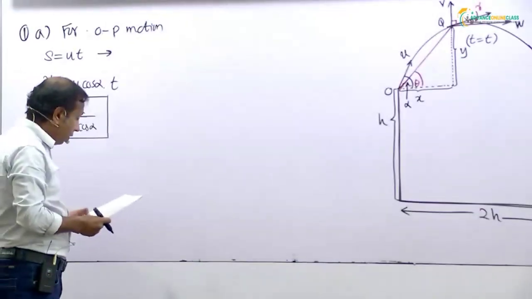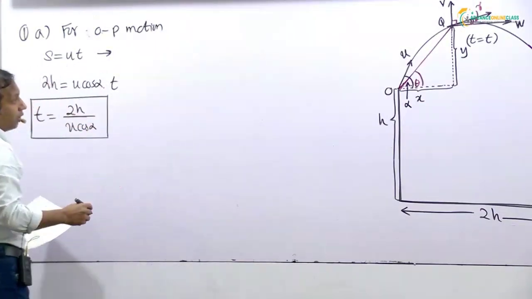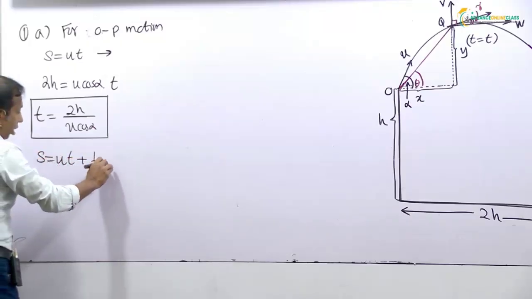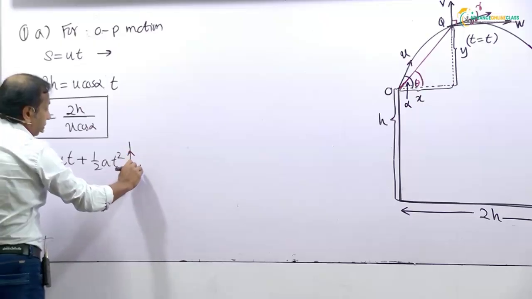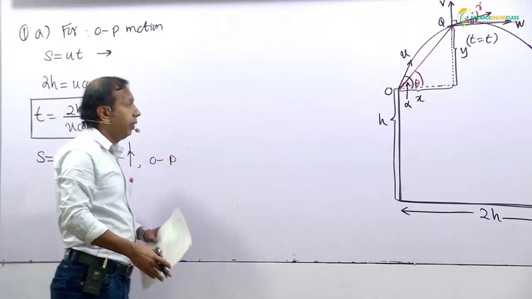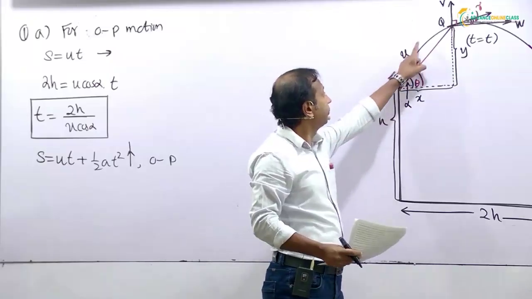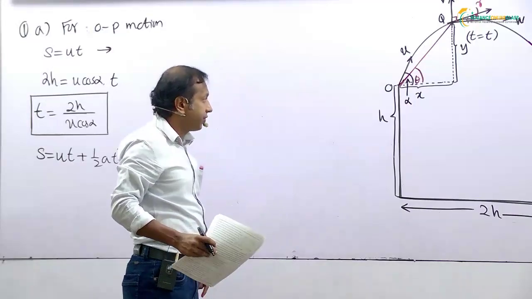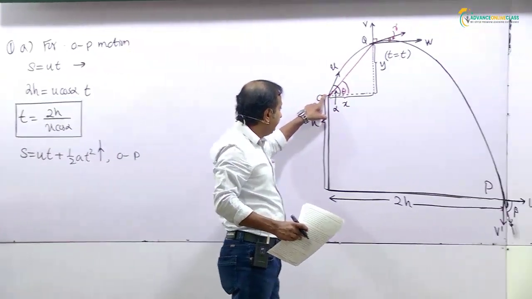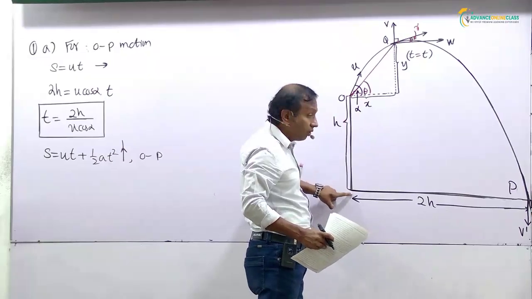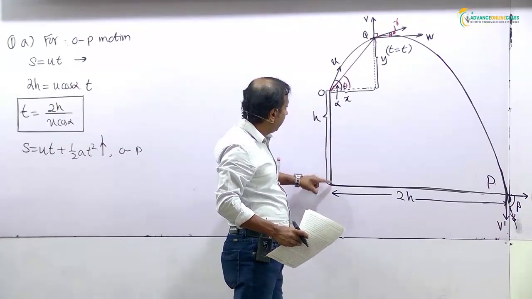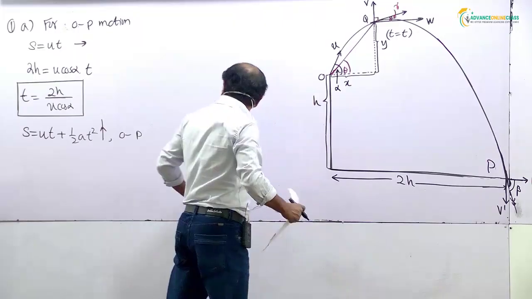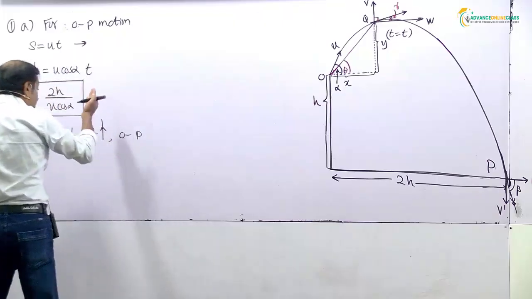Now for the same whole OP motion we apply S equals ut plus half at squared, vertically upward. Initially here, finally the particle is below this level, so it has moved downwards a displacement h, but we apply this equation of motion upwards.